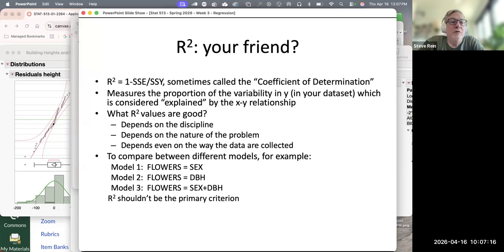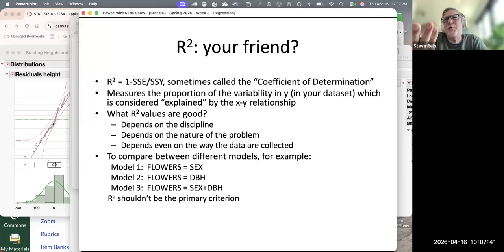I've bumped into folks in some disciplines where they get an R squared of 0.995 and they're bummed because they're only able to explain 99.5% of the variability. Why? Because they want it closer to 100%. In their discipline, typically it's almost always 0.9999, and they were so far away from that.